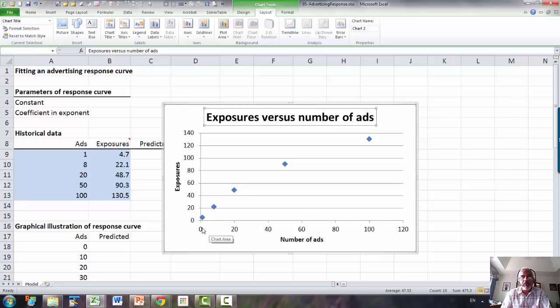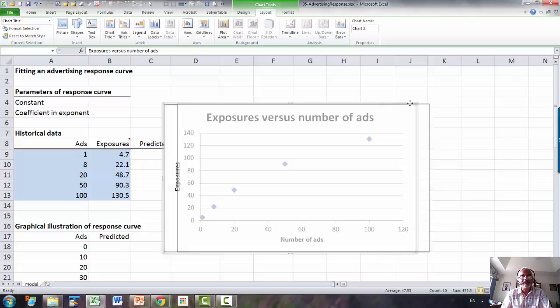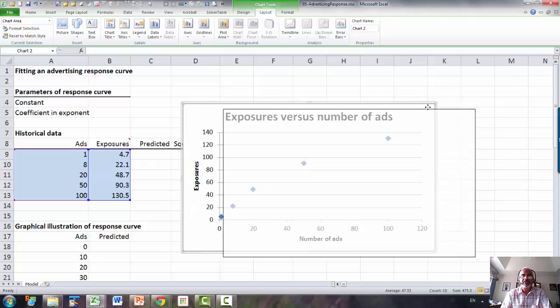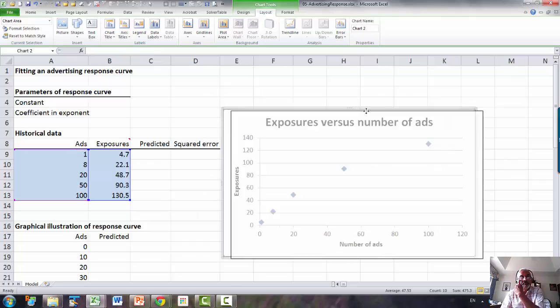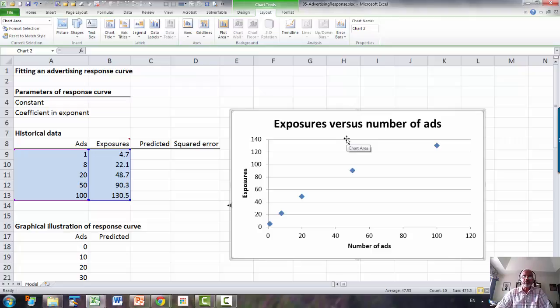Now we want to fit a line through these points, so that it will closely align with these points. That's our purpose here.